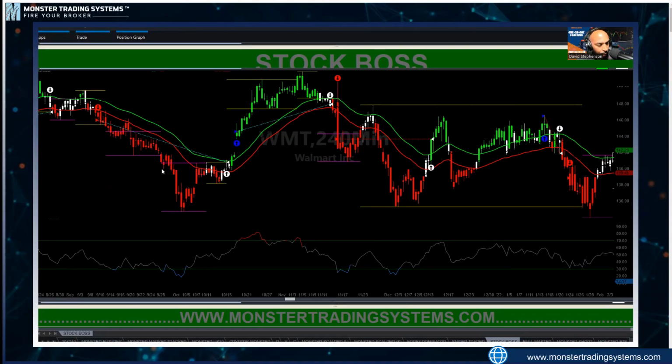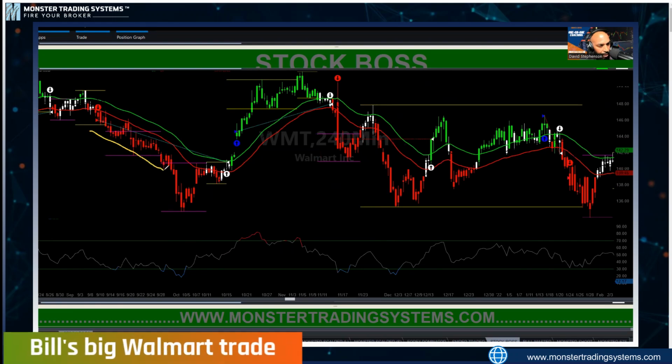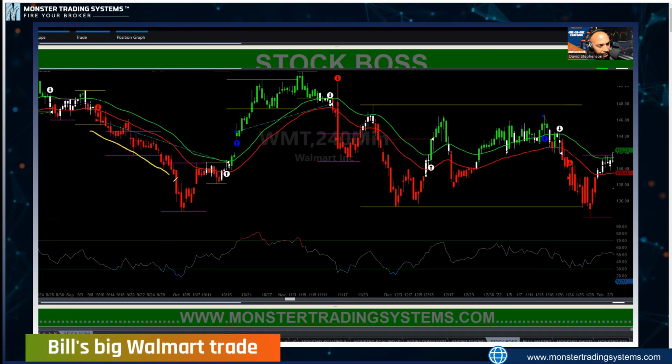Look here, price is oversold. This is a good example. Oversold, markdown phase, markdown phase. These candles here, look here, no support here. Price still continues to move lower.